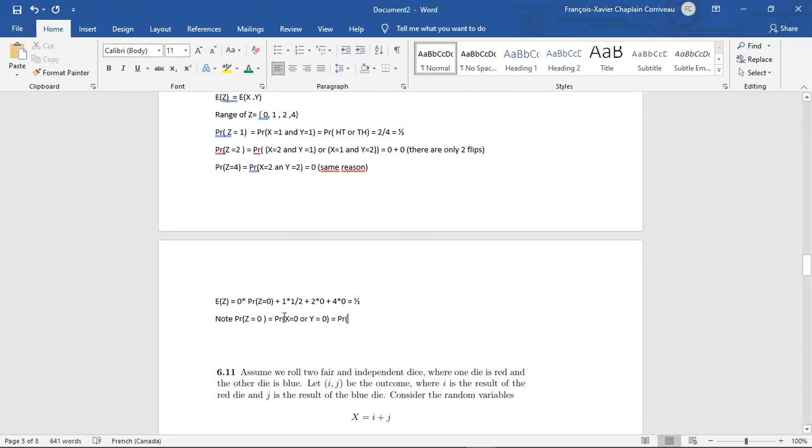So you might be tempted to use inclusion exclusion, but here I won't use inclusion exclusion. I won't mention that this intersection is empty. I'll just list the two flips that produce x is equal to 0 or y is equal to 0. It's head, head, or tails, tails. And that's equal to half. So the fact is that this OR is disjoint. And that's more clear in this OR. So you don't really need to say it here. You can just follow with these two outcomes.